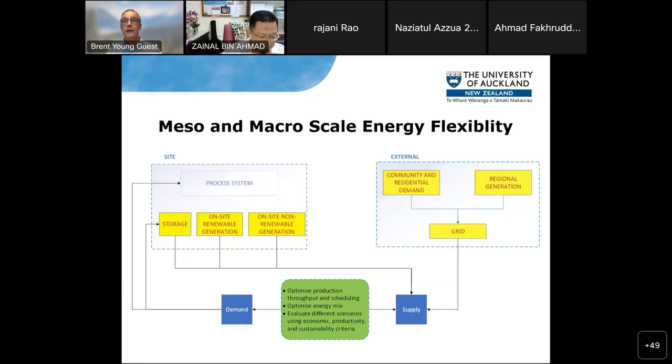And so the yellow boxes here are different energy sources that are available to us, and we're looking at how do we optimize production, throughput and scheduling while optimizing the energy mix. So we're looking at co-optimization. We're particularly going to be using simulation type studies in the optimization sense here to develop tools that can be used by industry.